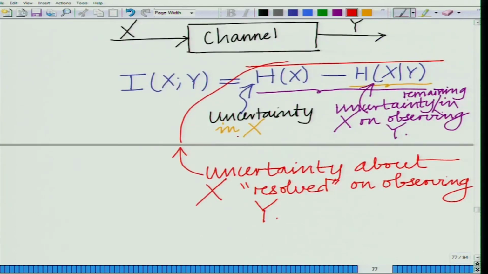Alright, so that is the mutual information, I(X;Y), the uncertainty about X that is resolved on observing Y. And this therefore has a very fundamental role to play in communication.